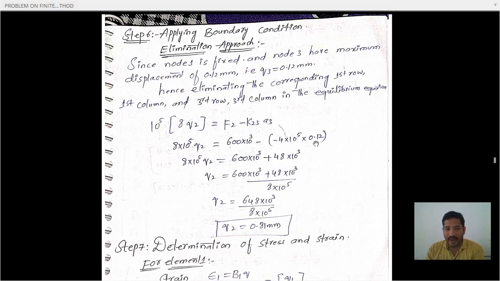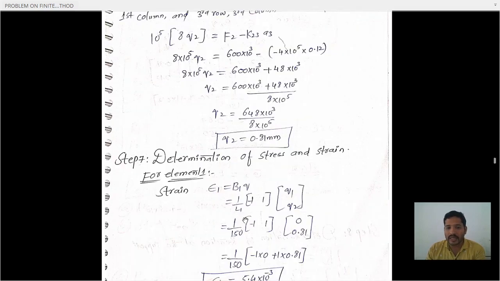After that, 8 into 10 power of 5 Q2 equal to 600 into 10 power of 3. Minus into minus should become plus. This should be 4 into 10 power of 5 into 0.12. If you multiply, you will get 48 into 10 power of 3. Adding the whole value, again you need to divide here. Then you will get the answer Q2 equal to 0.81 mm.